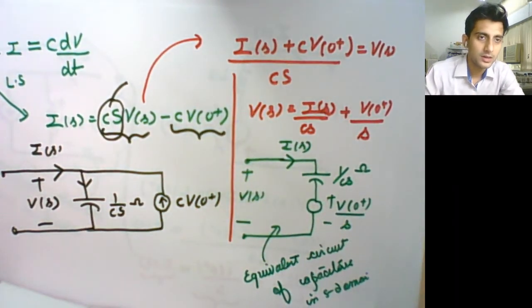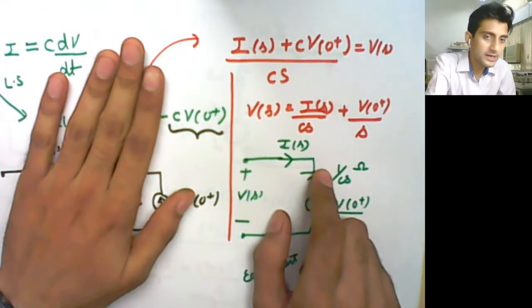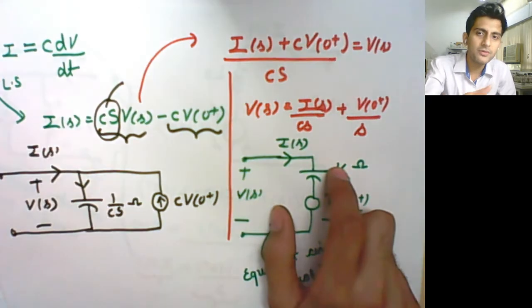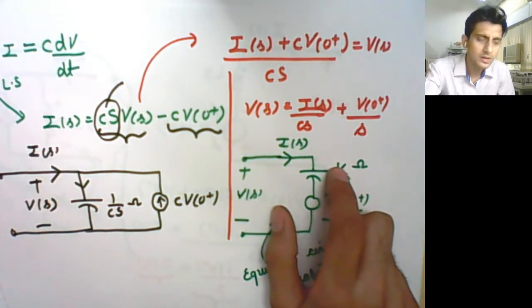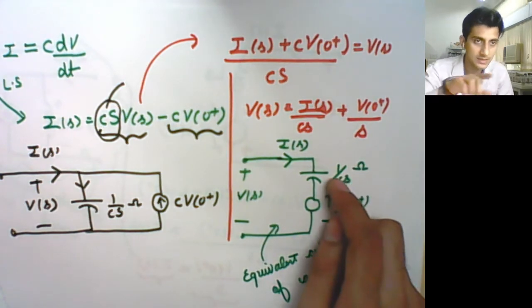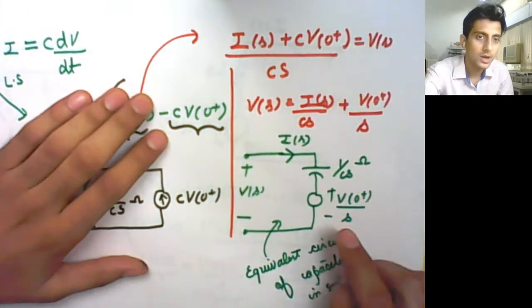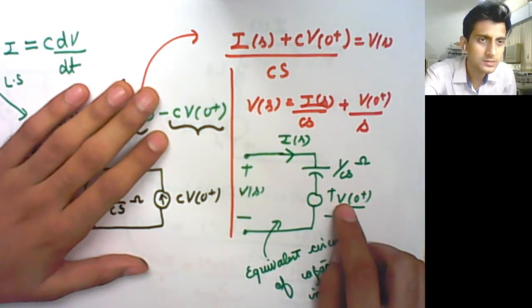Now, if you would have taken zero initial conditions, it means in this particular case, we will more often use the voltage equivalent for capacitances and current equivalent for inductances. Now, if you would have taken zero initial conditions, what would have been the value of V0 plus? 0.